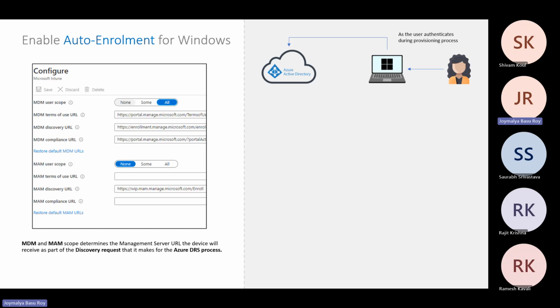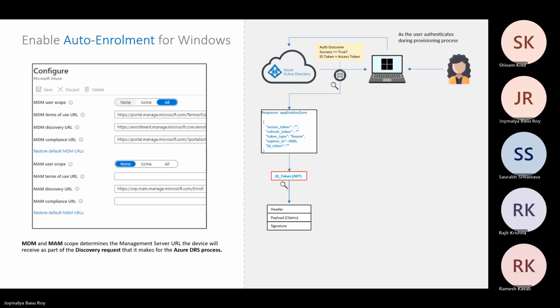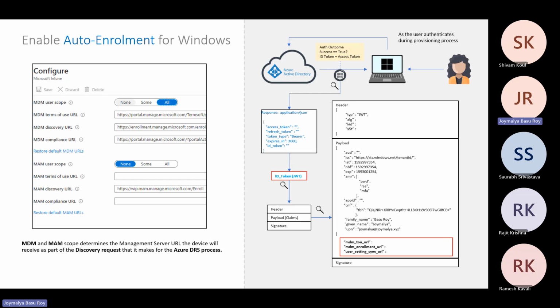If you remember the flow I showed you during the mobile times, the authentication will go to Azure Active Directory, and if the authentication is successful, Azure Active Directory will reply back with a token that will have the ID token and the access token. The token is a JSON Web Token, and it will look something like this.